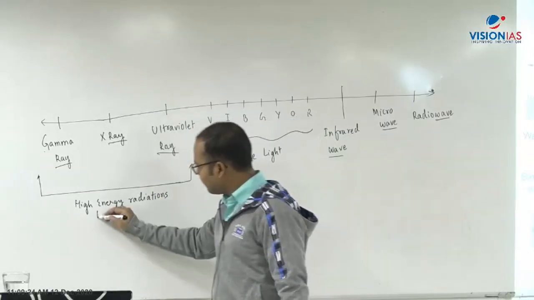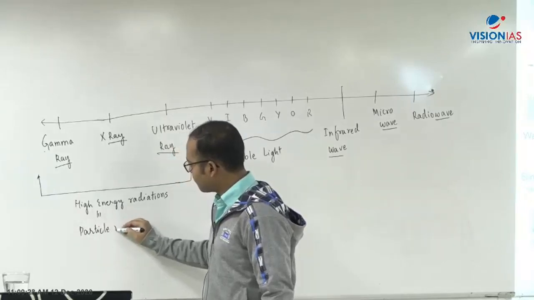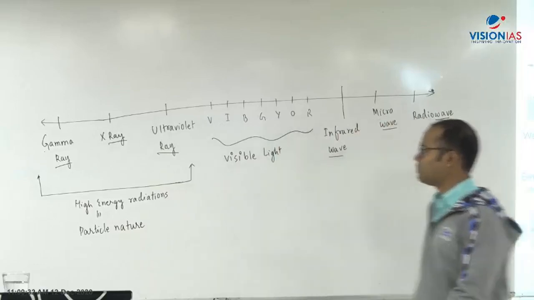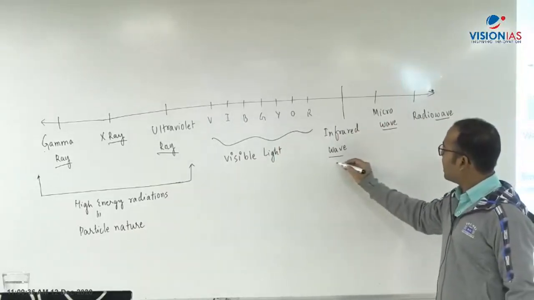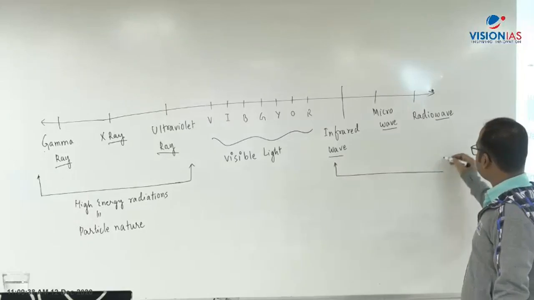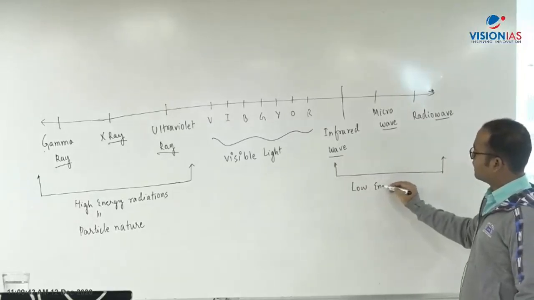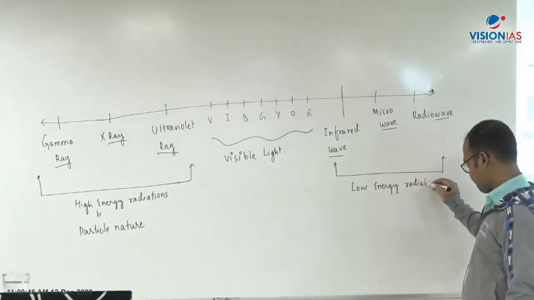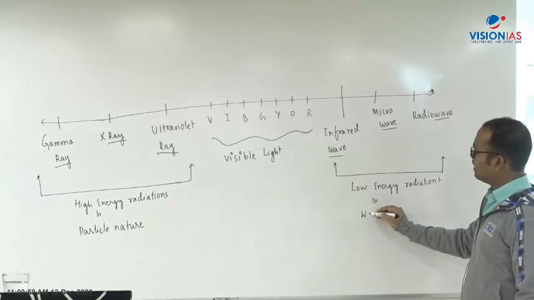And that is why they will also show you particle nature. Try to understand this, what I am making you see. And these infrared and microwave and radio wave are known as low energy radiations. And hence they have wave nature in them.